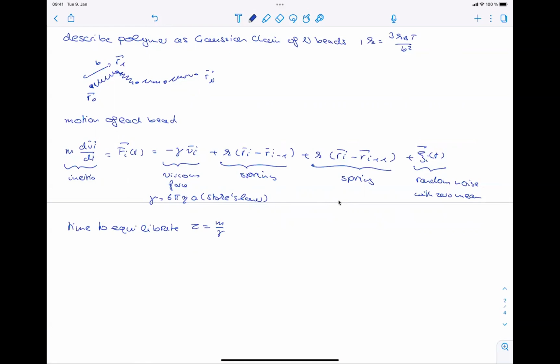Now, I can estimate how these two properties scale. The mass of a bead obviously scales with its radius to the power of 3, that's volume. And we just noted from Stokes' law that the friction of a bead scales linearly with the radius. So this scales with a squared. Now, given that we consider polymers, these are really tiny, so the radius of the individual beads is going to be really small. And so you can read off that the time scale to equilibrate is very short.